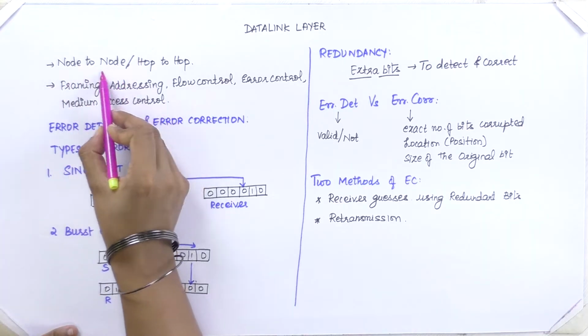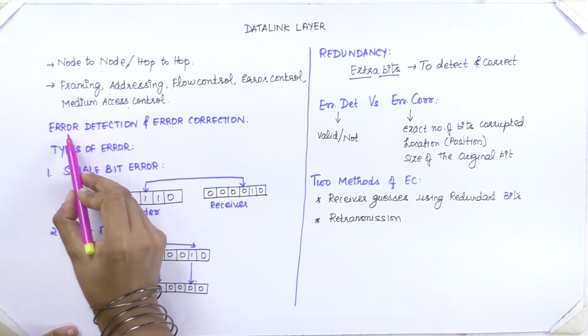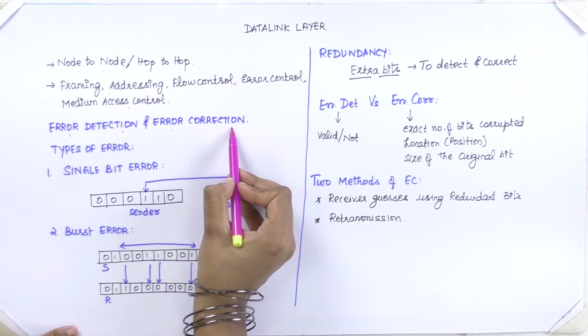First, we will discuss error correction and error detection. We will start with the basic terminologies, and then jump into the mechanisms of how errors are detected and corrected. These are all the introductions I have told you now.